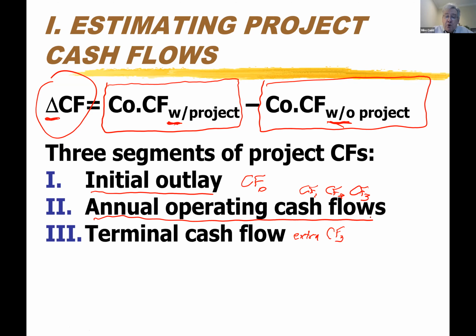And then at some point, we're going to shut the project down. So the terminal cash flow would be what's left that we haven't accounted for. Now, first, I'm going to give you a ton of information. We're going to look at 6 slides of information. Then we'll go back and attack it using these 3 segments.